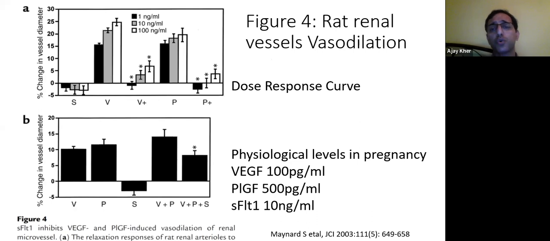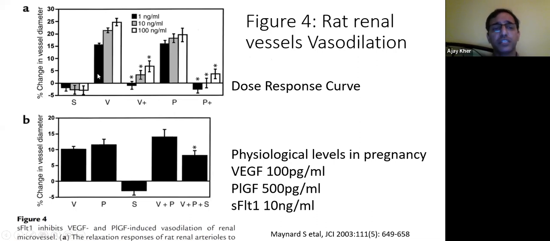Then what they show is the vasopressor effect, which is through rat renal vessel vasodilation. The first top curve is a dose response curve, where they're showing the effect on the rat renal vessels, with S for SflT. There are different concentrations of SflT, and nothing happens much, just a little bit of decrease, not significant.